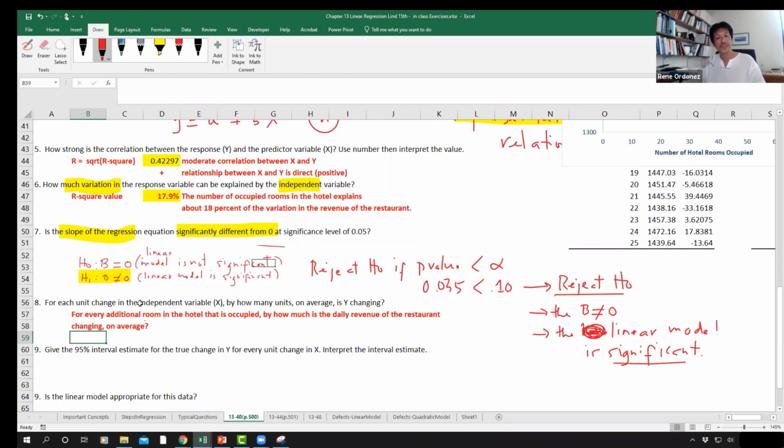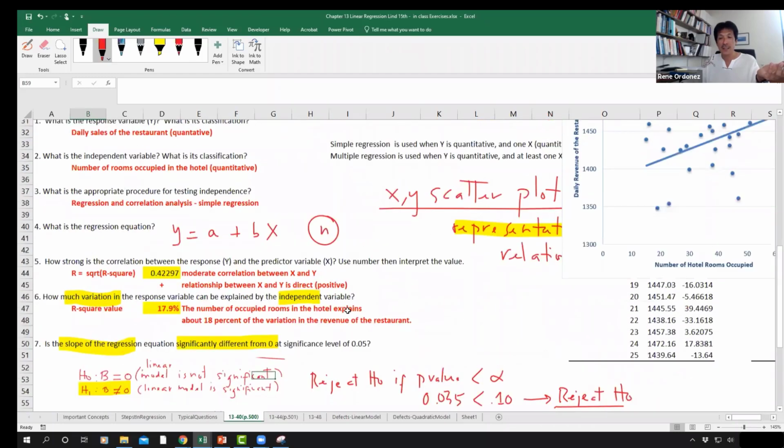To answer this question here, that would be the slope.